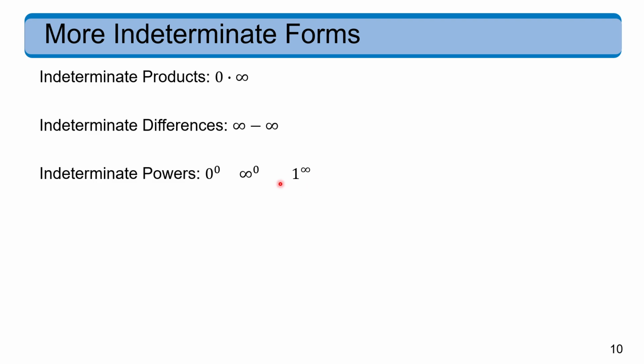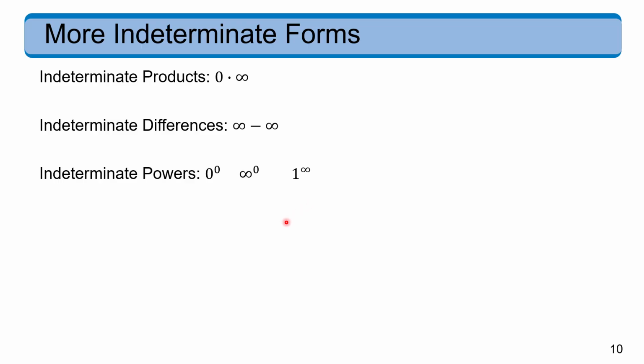So if the base is approaching 1, that pulls the whole expression to 1, right? Because 1 to any power is 1. But the exponent approaching infinity pulls the exponent to be infinitely large. So again, they're not pulling to the same number.